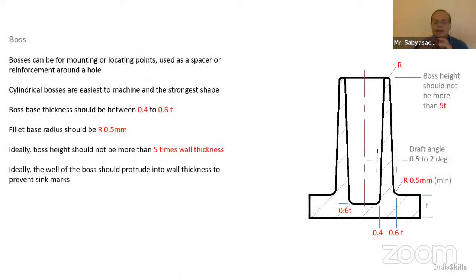Another very recurring detail in injection molded plastic components is something called a boss. It is essentially like a frustum, and various things are mounted onto it.